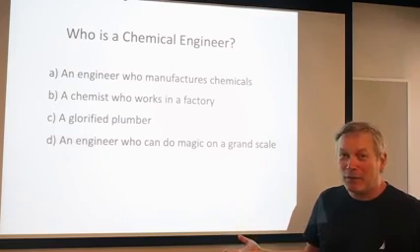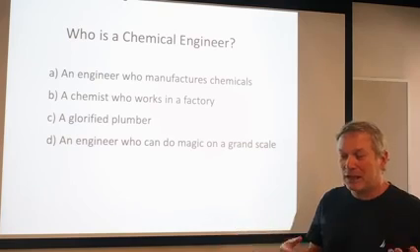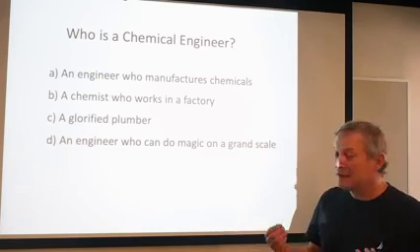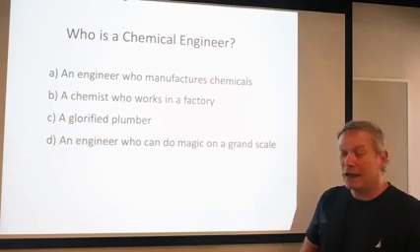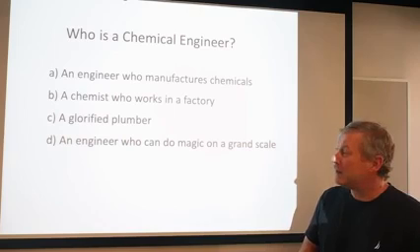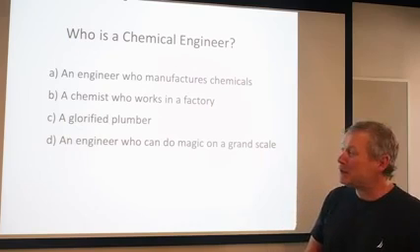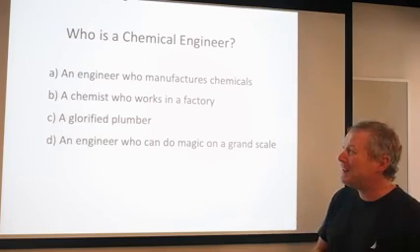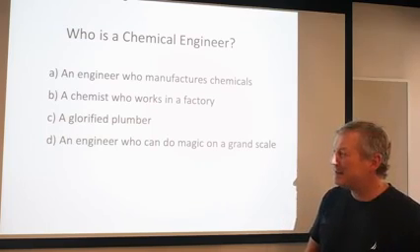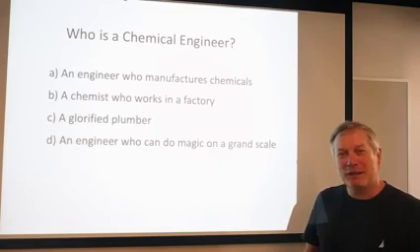Not actual plumbing, but designing pipes, designing flow-through pipes, and some other things that relate to piping. That's not what chemical engineering is. But D is something that I threw up there because actually it's closer to the truth than any of the other three. But let's see what Wikipedia says about chemical engineering.